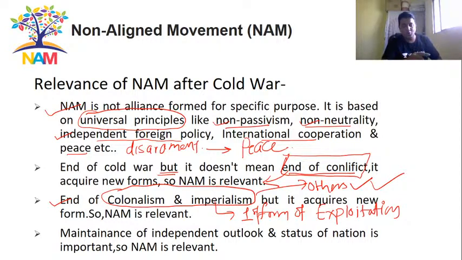Clear? So exploitation changes its form, so NAM is relevant.